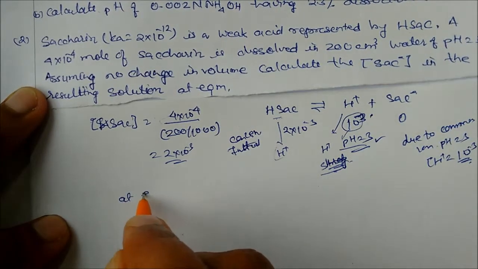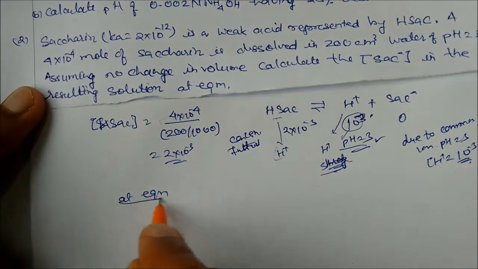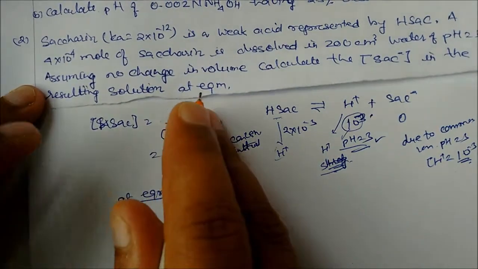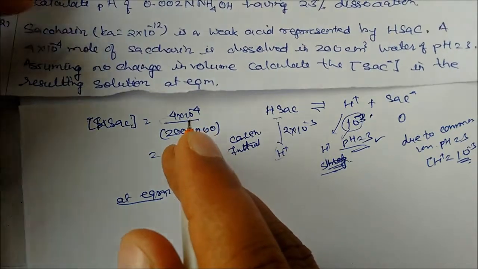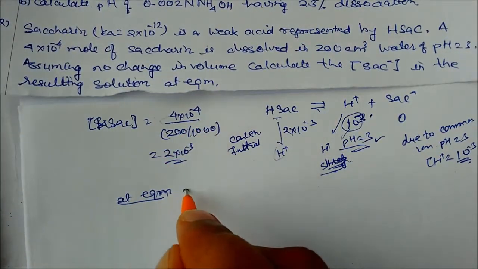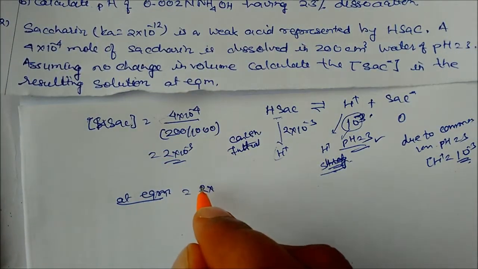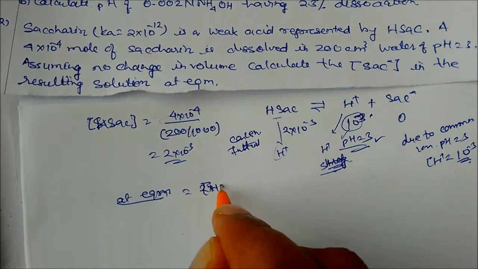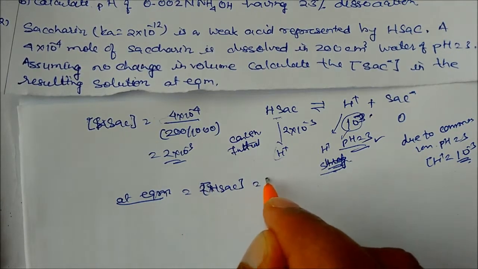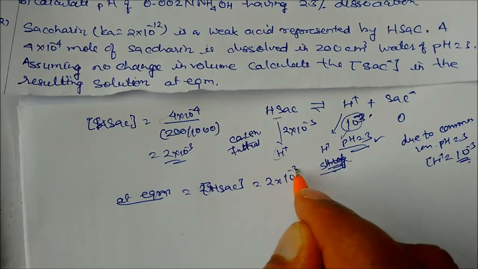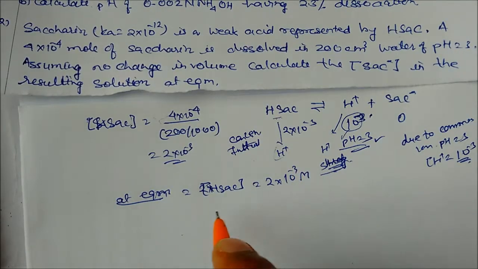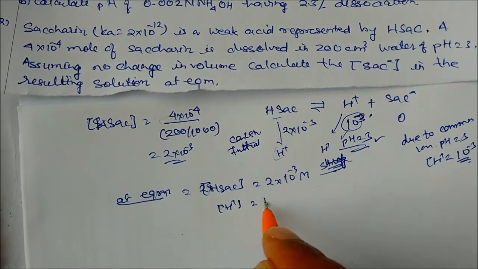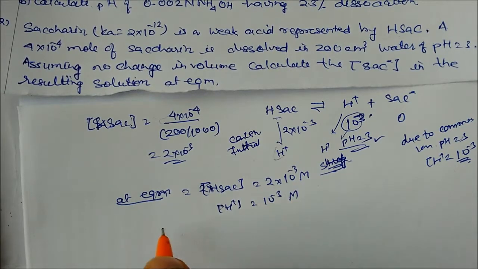So at equilibrium we can see that the concentration of saccharine will be 2 into 10 power minus 3 molar, this we know, and H plus is given here as 10 power minus 3 molarity. So Ka we can find out.